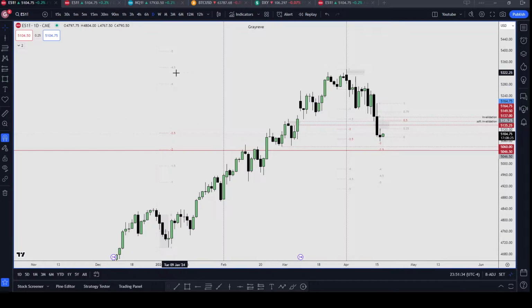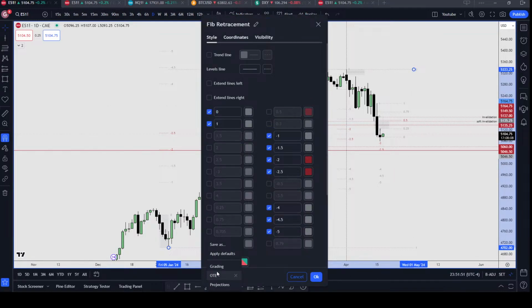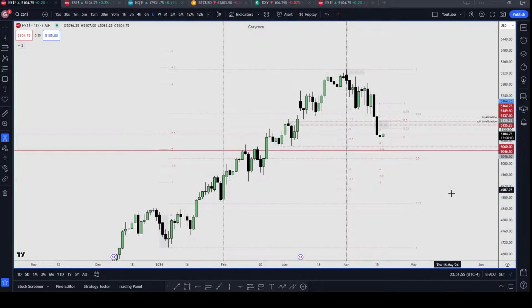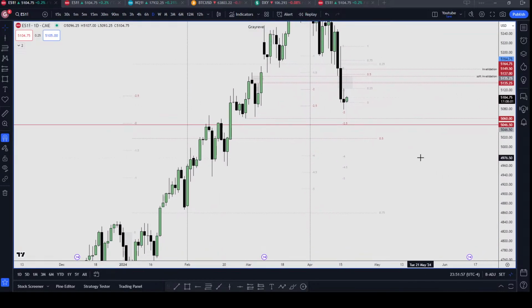So during -4 we anticipate reversals back into the range of this impulse here, which would be 50%. So 50% of this range here, that's going to be, let's see, grading right around here, and you're going to be looking for liquidities, right?